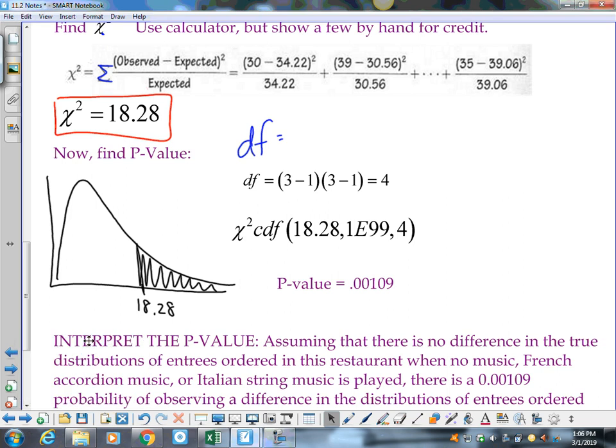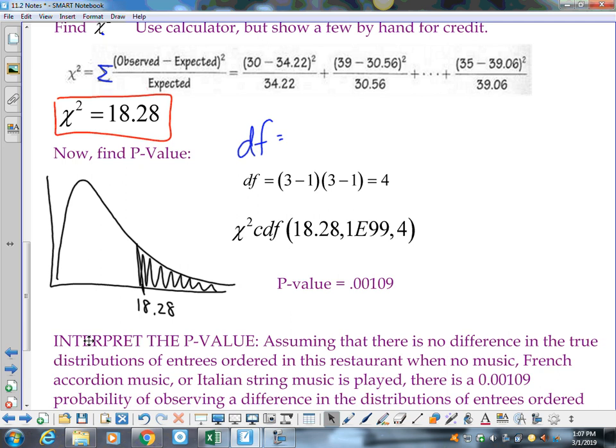Okay, so our next step is to find our p-value. So we're going to draw our curve with a backbone, right skewed, always right tailed, to find our degrees of freedom. Degrees of freedom are normally what? Normally n minus 1. For chi-squared test of goodness of fit, your degrees of freedom are categories minus 1.